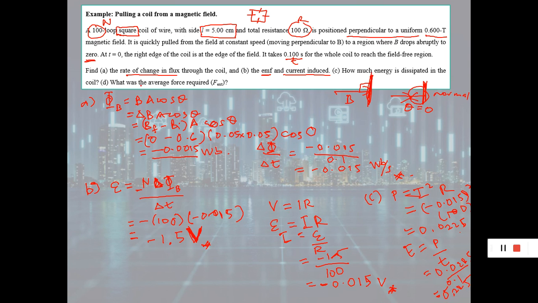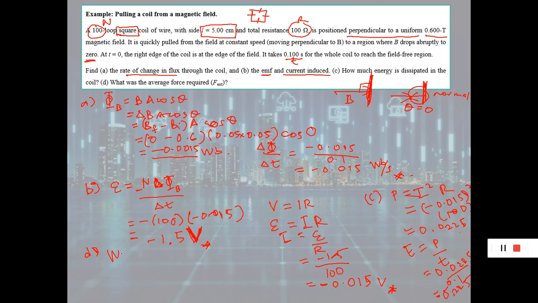And the last question, what was the average force required, for D? So I have to write here D. So for D, we have what was the average force required?